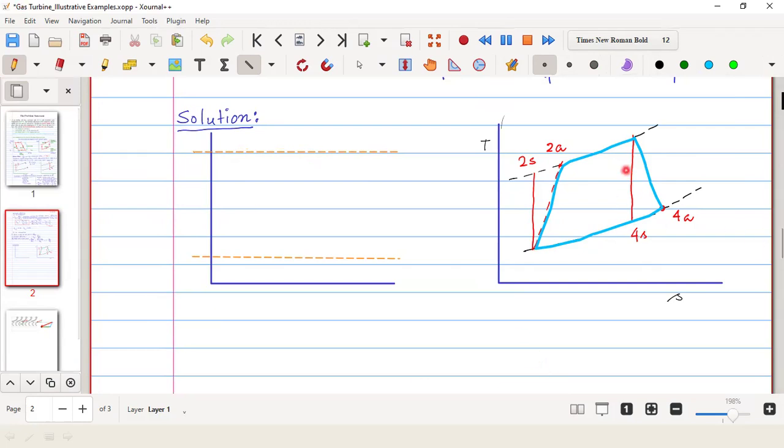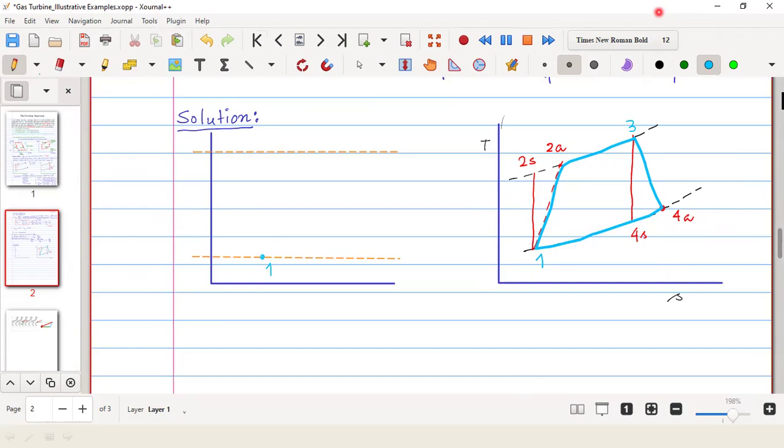This is P, and this is 1. 1 is the initial condition, which is unchanged.